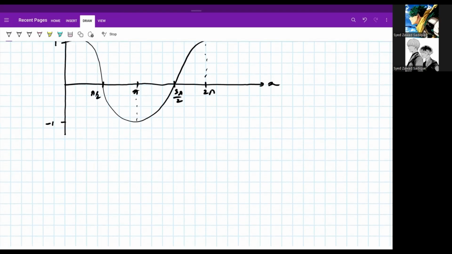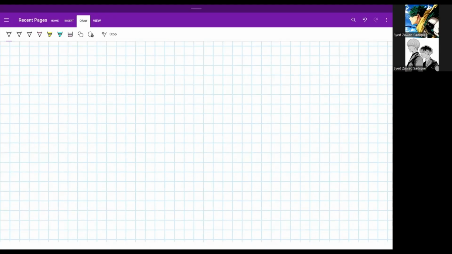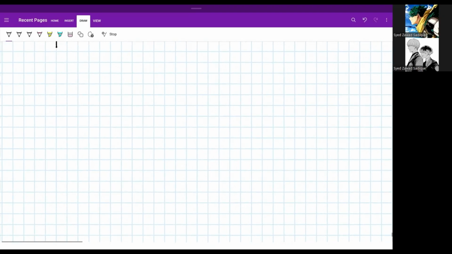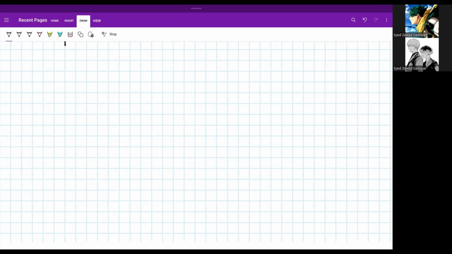Then, right. So, our next graph that we're gonna draw is the tan x graph, which looks like this. y, x.